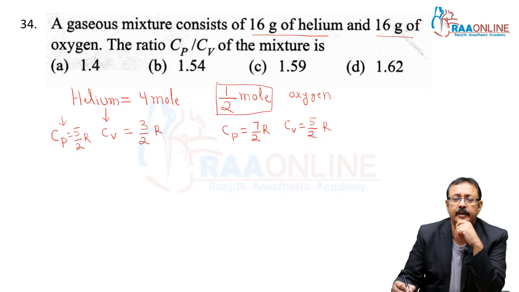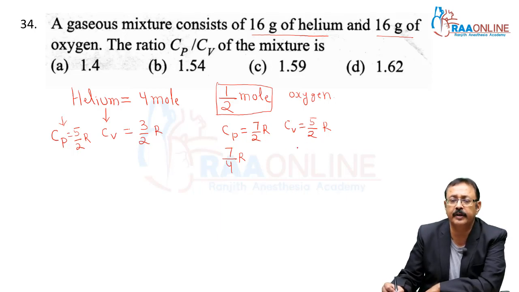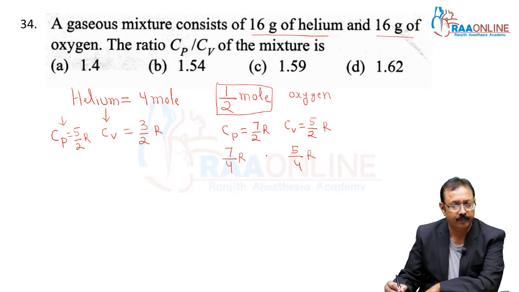So if we want to increase its temperature by 1 Kelvin at constant pressure, we need 7 by half of this, 7/4 R. And at constant volume, we need 5/4 R amount of energy.